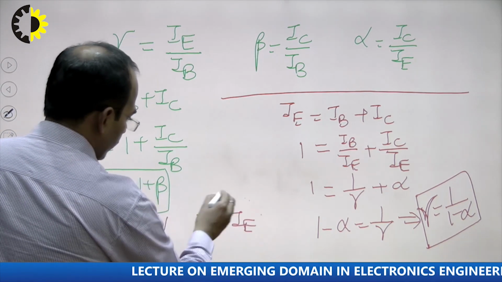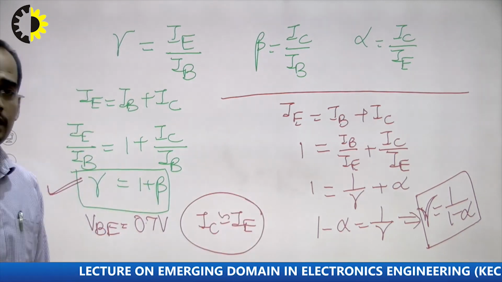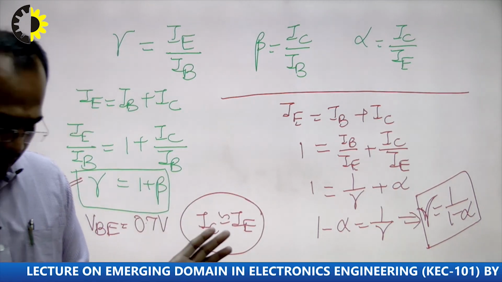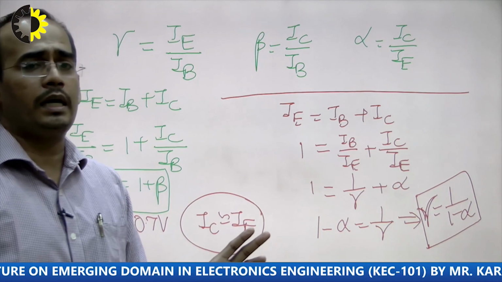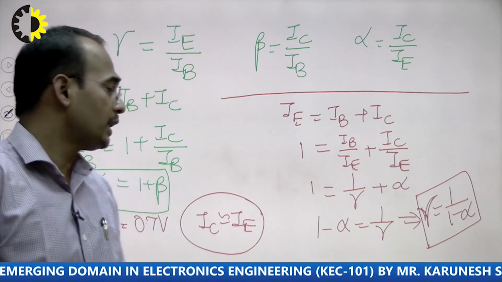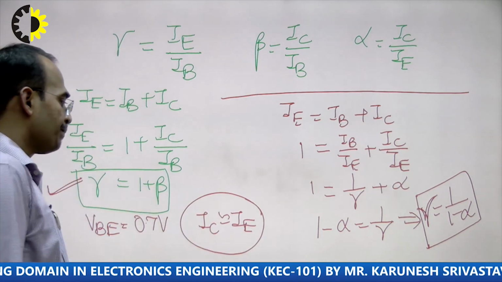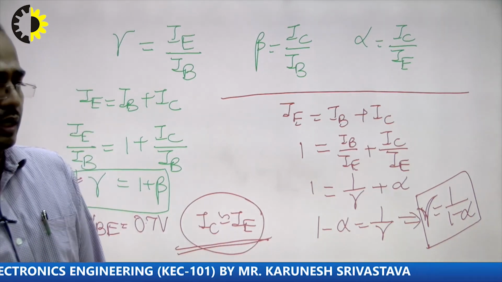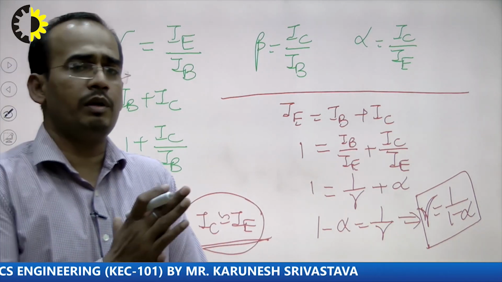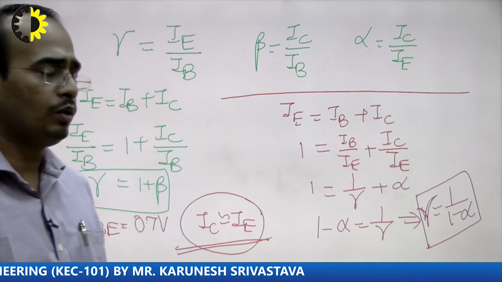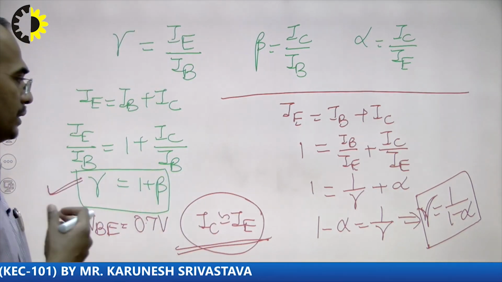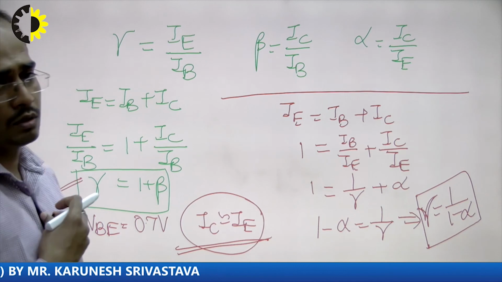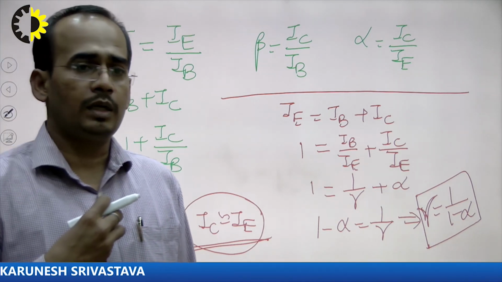Because I have already told you in the common base configuration that IC is nearly equivalent to IE, because the IB current is constituted by the minority charge carriers. So the value of IB will be very less as compared to collector and emitter currents. So this is all about common emitter configuration and common collector configuration.